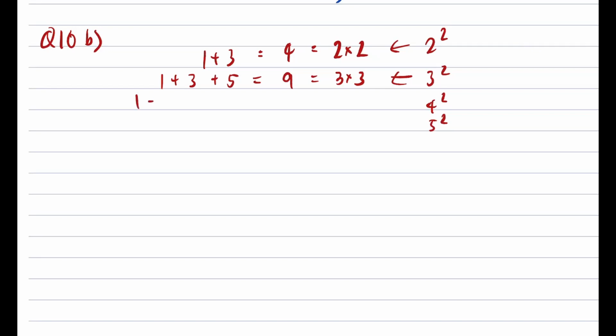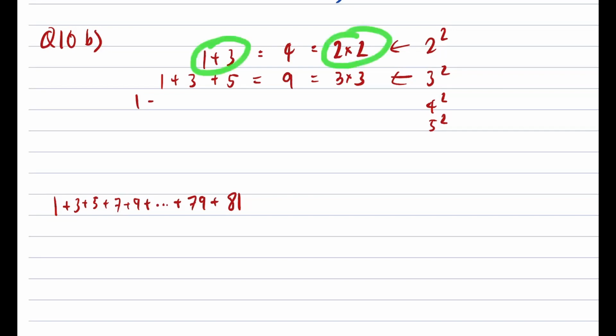So here the number pattern, they are asking you 1 plus 3 plus 5 plus 7 plus 9. Basically, you see it's all the odd numbers until, let's say, 79 and then 81. The trick here is to identify the pattern in general. So let's take a look at the first line: 1 plus 3 equals to 2 square.